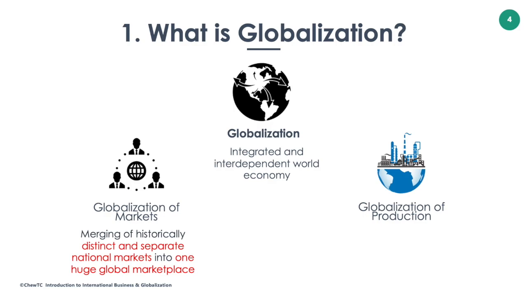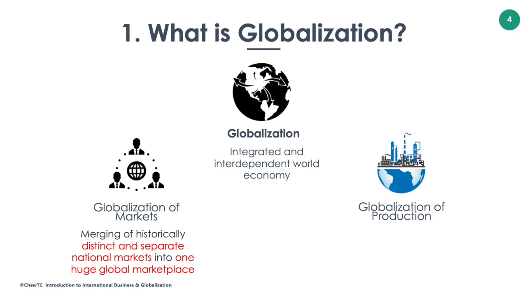It has been argued that the tastes and preferences of consumers in different countries are beginning to converge on some global norm, thereby creating a global market. Consumer products such as Sony PlayStation video games, Apple iPhone, Starbucks coffee are identified as some of the examples of this trend.